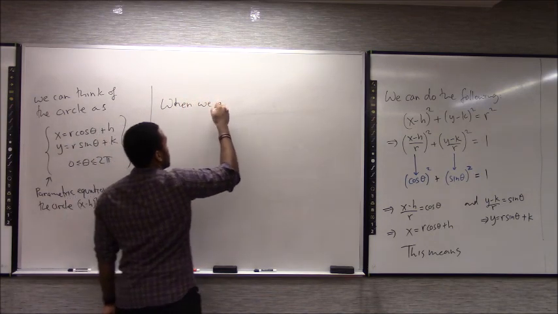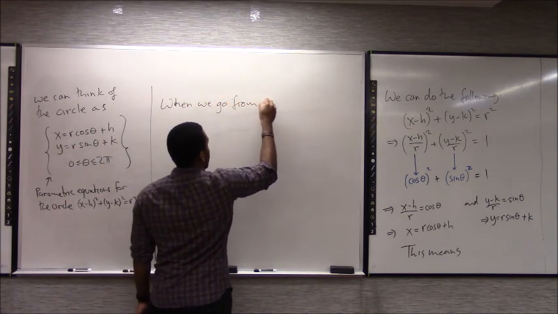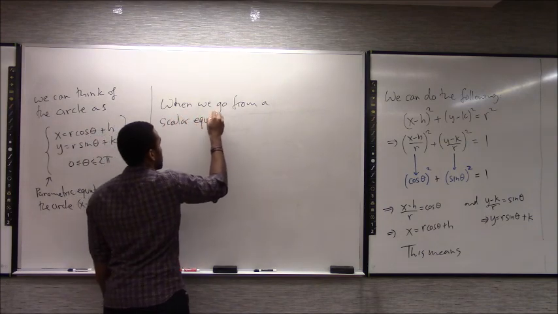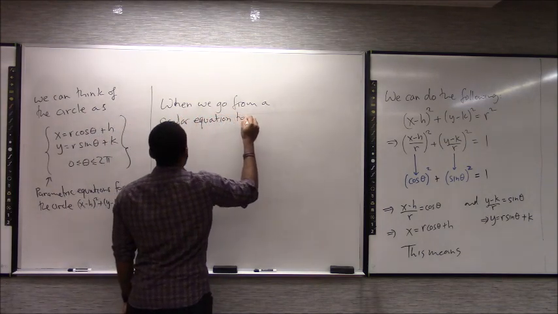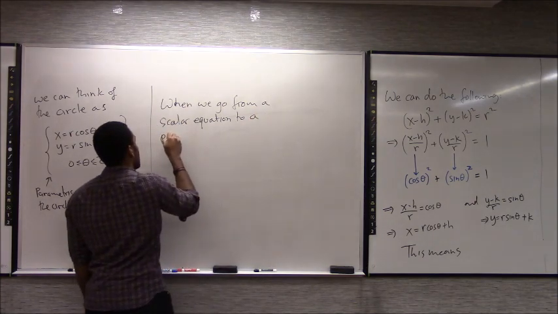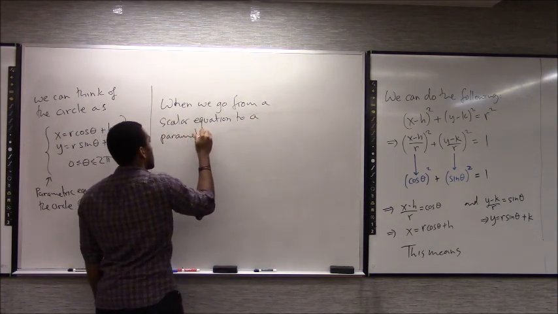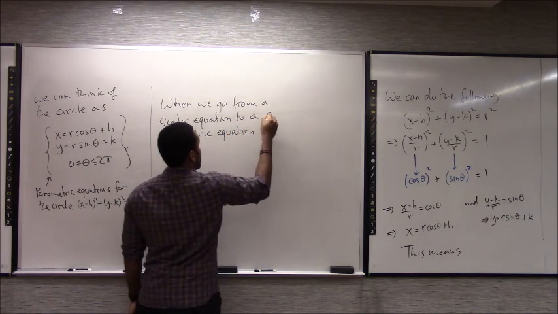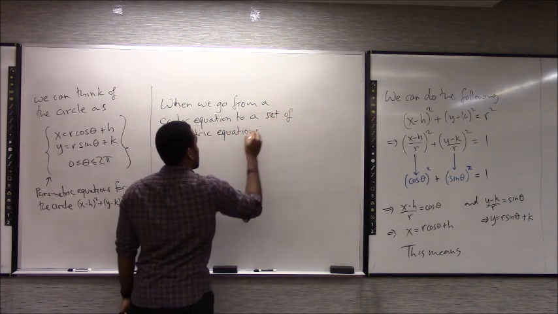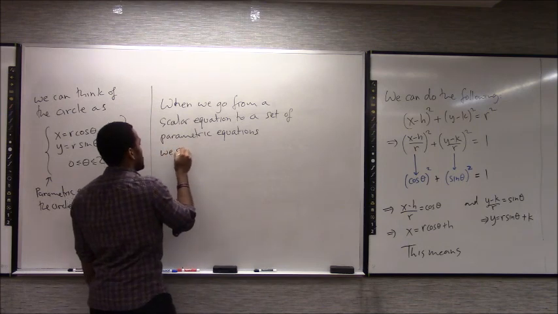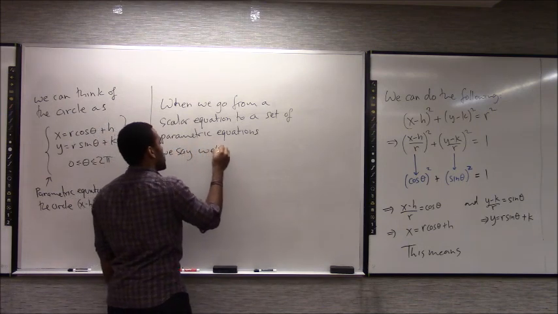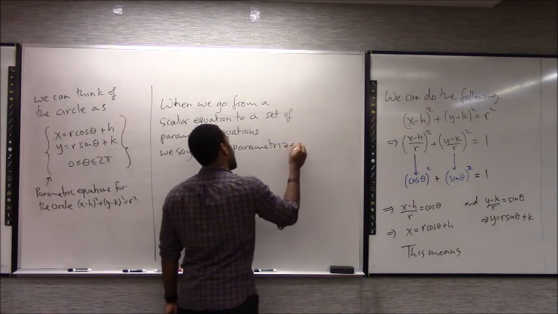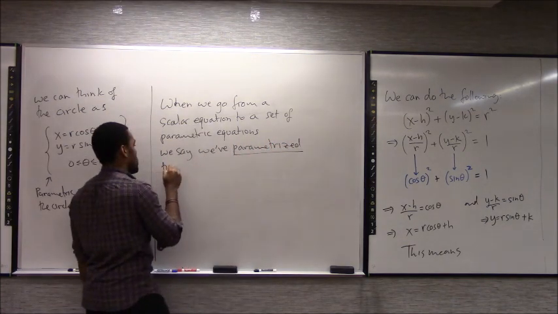When we go from a scalar equation to a parametric equation, we say we've parametrized the curve.